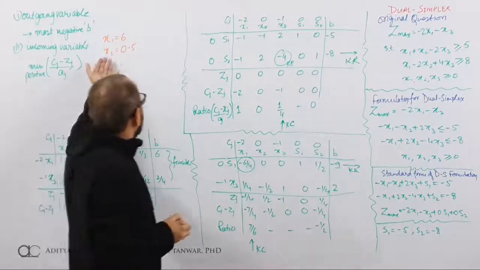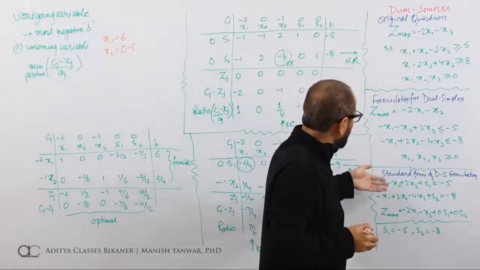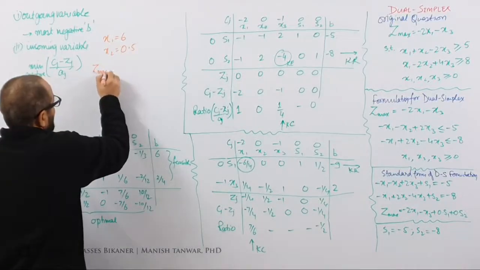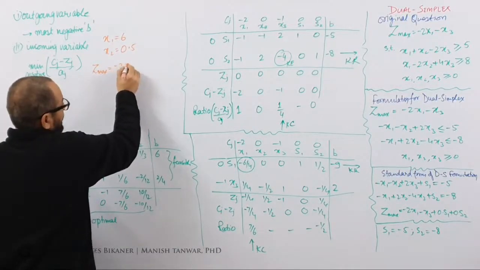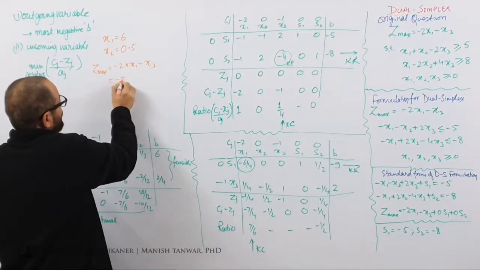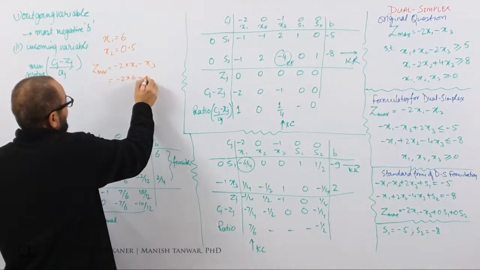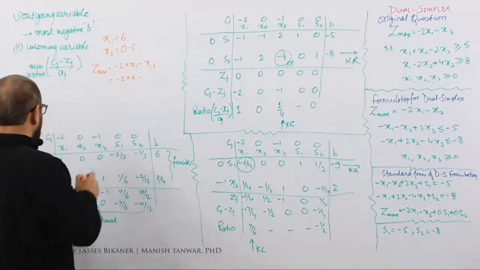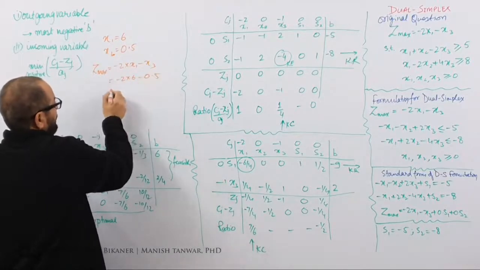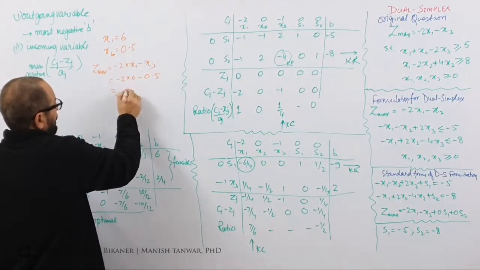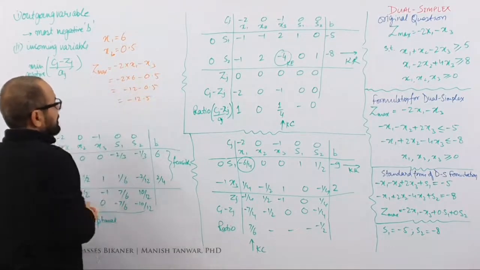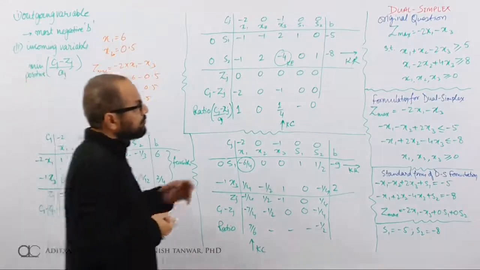And for x1 is equal to 6 and x3 is equal to 0.5, you could have your Zmax. Zmax is equal to minus 2 multiplied by x1 minus x3, making it minus 2 multiplied by 6 minus, sorry, it is not x2, it is x3, 0.5, making it minus 12 minus 0.5 or minus 12.5. So this is my final solution using dual simplex.